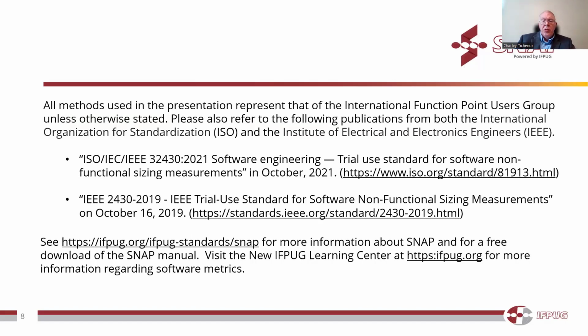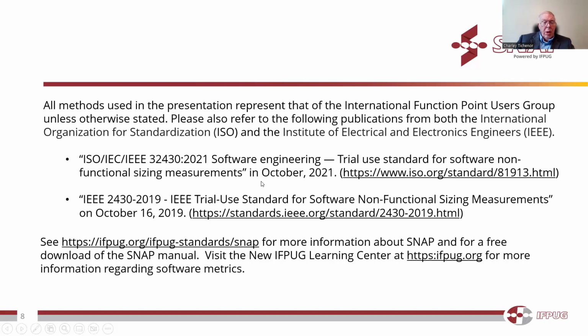All methods in this presentation, these 4 videos, represent that of the International Function Point Users Group unless otherwise stated. Please also refer to the following publications from both ISO and IEEE. This is the ISO Trial Use Standard for Software Non-Functional Size Measures, which is SNAP, and the IEEE Standard for Software Non-Functional Sizing Methods, which is also SNAP.